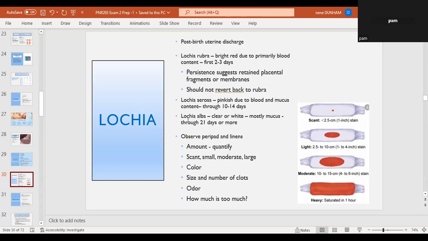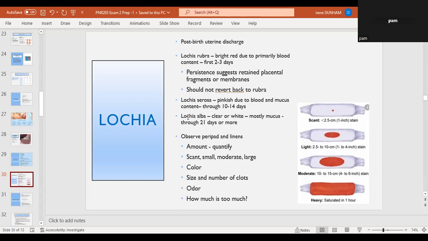And then you have lochia alba, which is clear or white. That's mostly mucus, and that's like through the next 7 days. If it's day 14, you finish the serosa. Now it went to day 15, you've got alba, and it can maybe go to day 21 or even more. Don't forget, the postpartum period is 6 weeks.